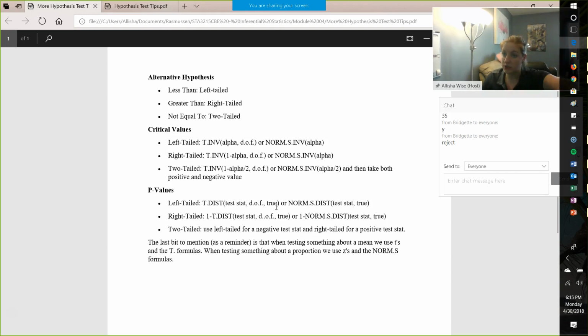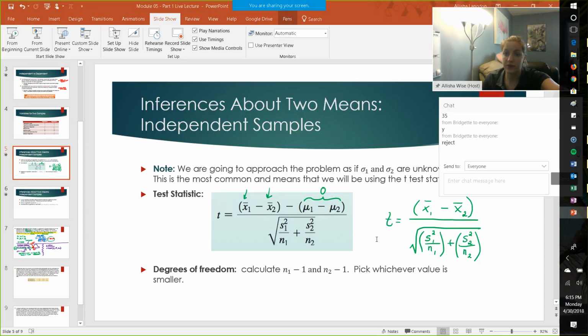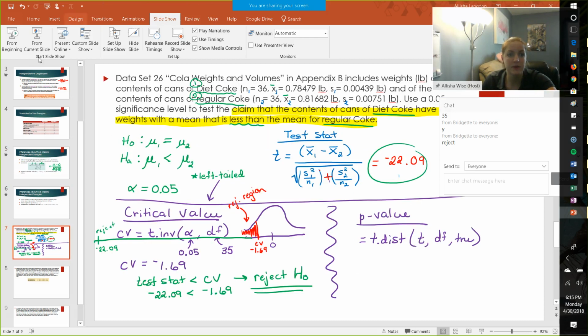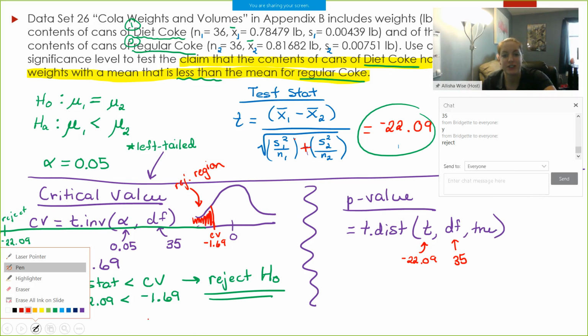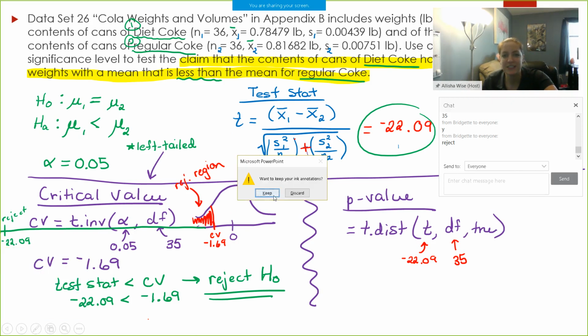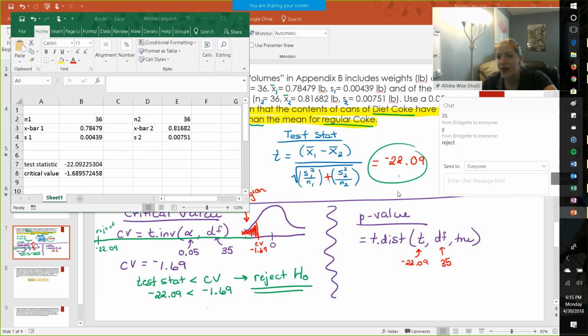All of our instructions are on here if you ever get confused. So let's plug in our test statistic, negative 22.09. Our degrees of freedom, which we stated over here, was n minus 1, which is 35. And true, because it's always true. That one never changes.